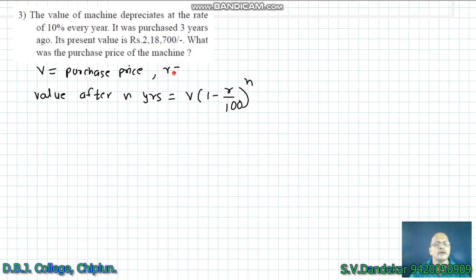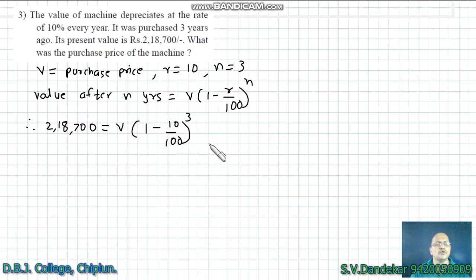Here r equal to 10 and n is equal to 3, and therefore 2,18,700 is equal to V into (1 minus 10 by 100) cube, that is V into (9 by 10) cube.